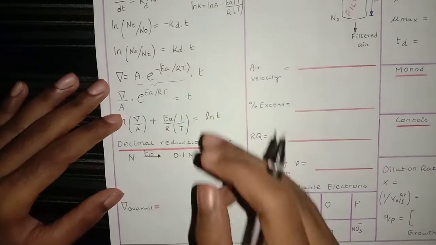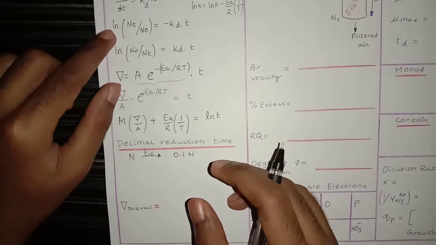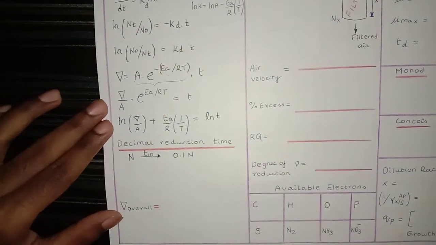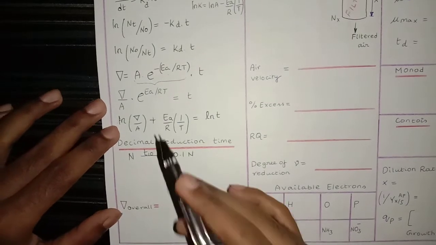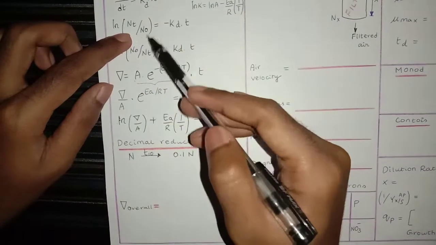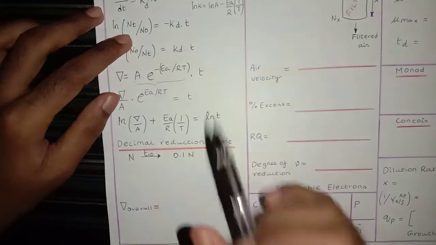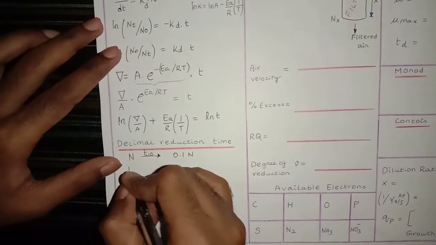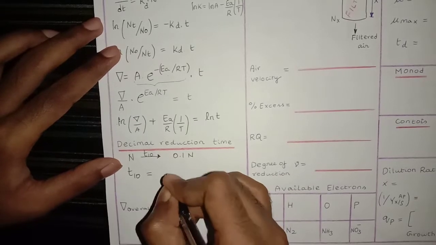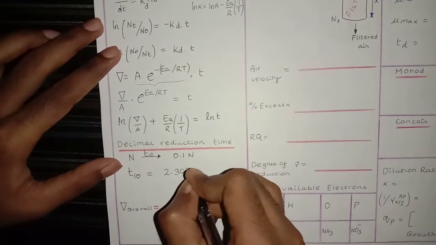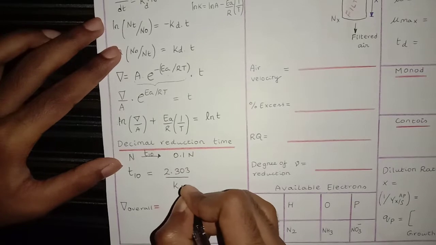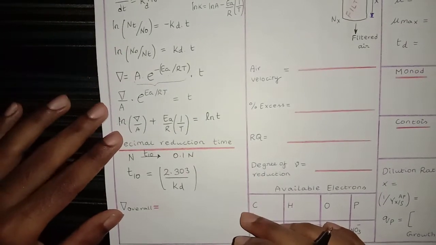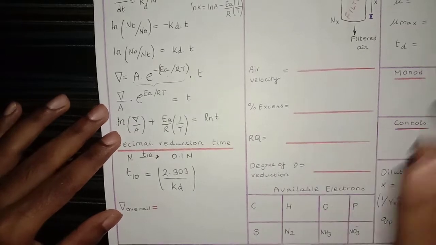If we put this in the expression ln nt over n0 equal to minus kdt, we get ln of 0.1, that is 1 over 10, so 2.303. Therefore decimal reduction time is equal to 2.303 divided by kd. This is a widely used expression, similar to what we are going to see in rate kinetics.